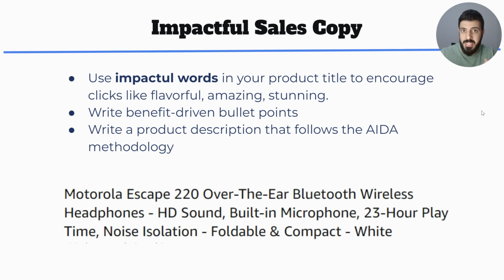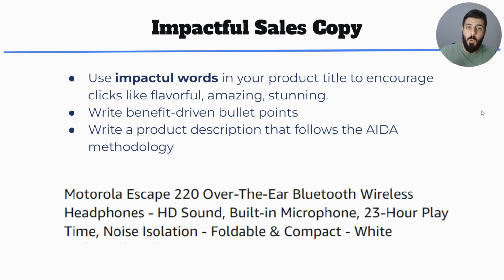So we really go in depth into defining the pain points, and then we craft the title, the bullet points, and the product description. For the title, we use very impactful words, and we have a structure that will drive more clicks, taking into account the brand name, the main keywords, and other important product features, and adding them all in the title.